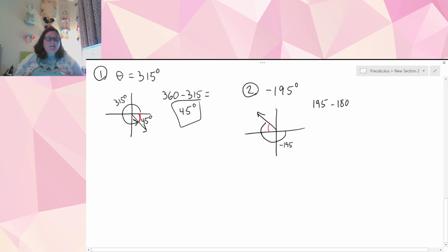I don't really care about the signs because I'm just looking to see how many degrees difference there are between 180 and 195. So 195 minus 180 is 15 degrees, and that is my reference angle.